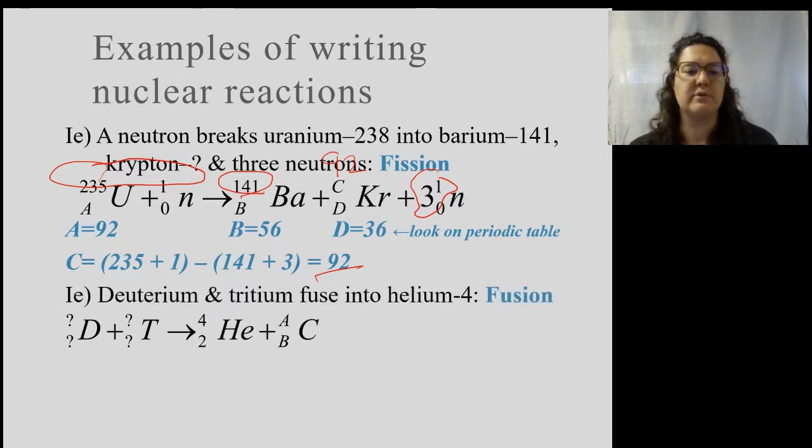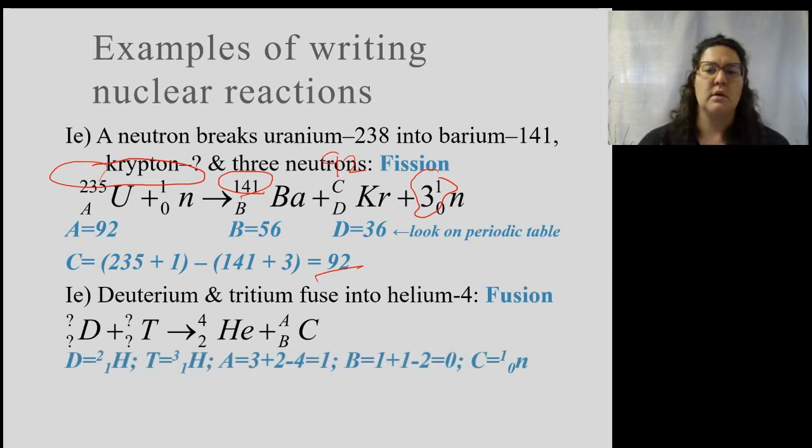Okay, so now deuterium and tritium fuse into helium-4. So this is a fusion reaction. We can look at our periodic table to find the atomic numbers of these different compounds.